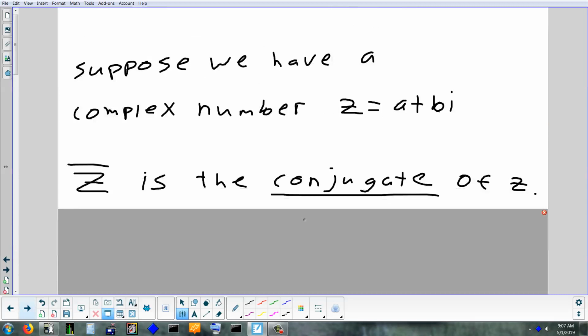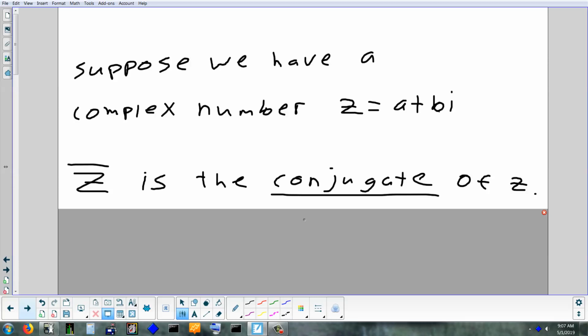If you put a bar above that letter, if you've got a complex number Z and you put a bar above it, that means the conjugate. Now, does anybody know what the word conjugate means? Not like conjugating a verb in Spanish, it's a little different.